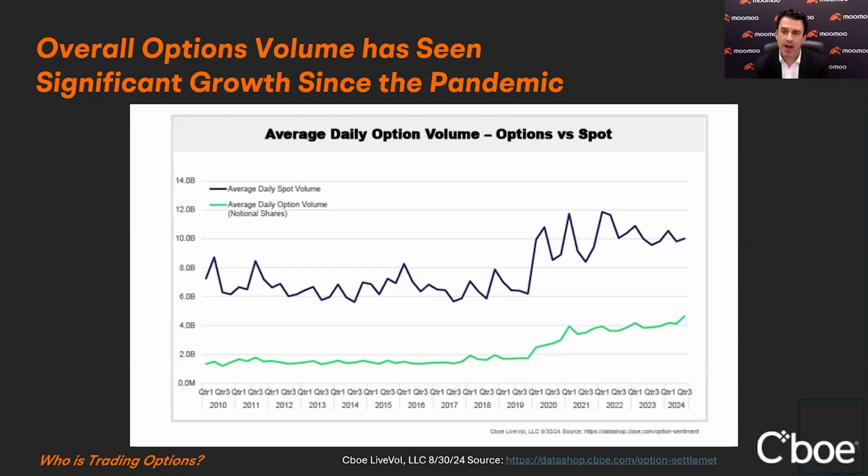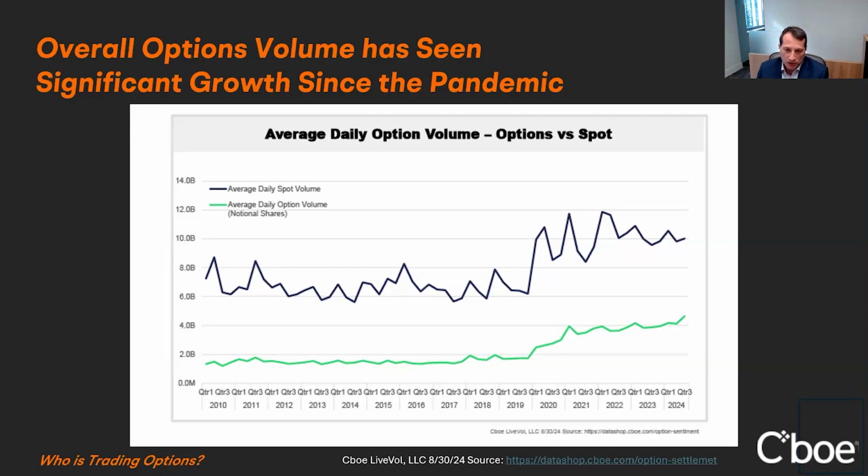Yeah, and a lot of that is coming from the growth in index options, right? Can you walk us through a little bit about what index options are and what some of their advantages are? Yeah. So, for people that aren't familiar, some of the index options that Cboe offers: SPX is index options on the S&P 500, and XSP is the 1/10th version of that, about the same size as SPY options.